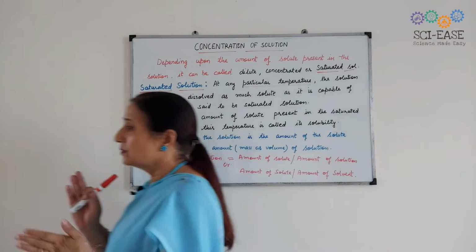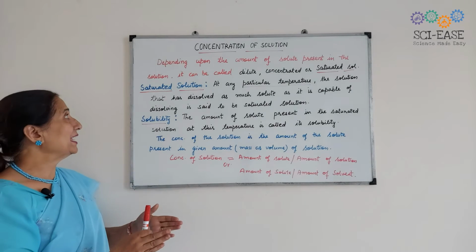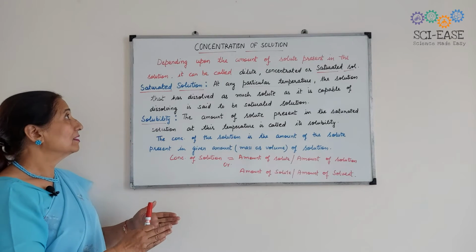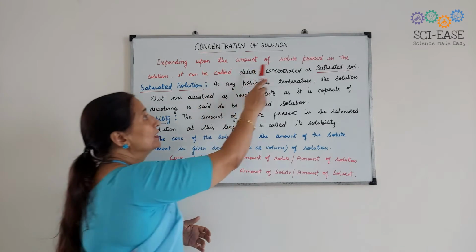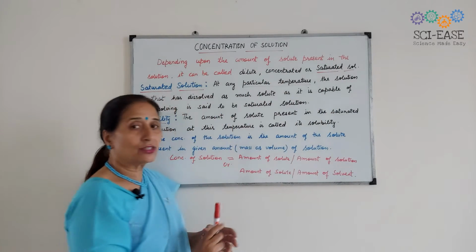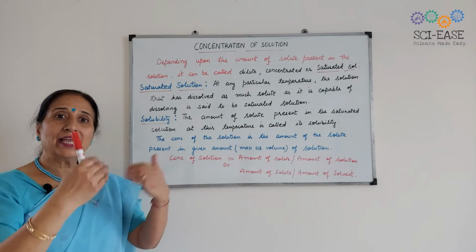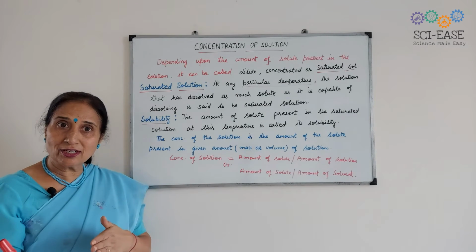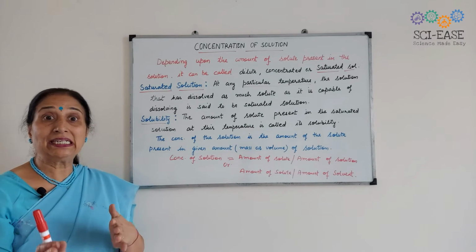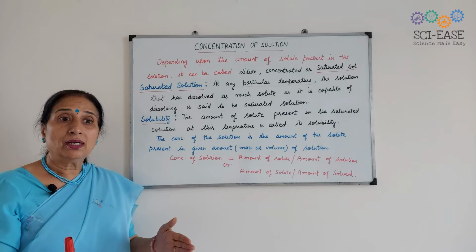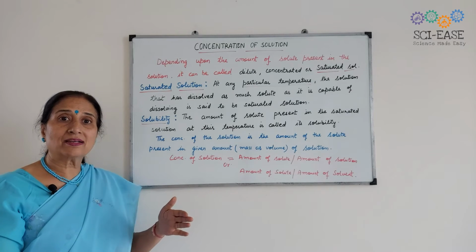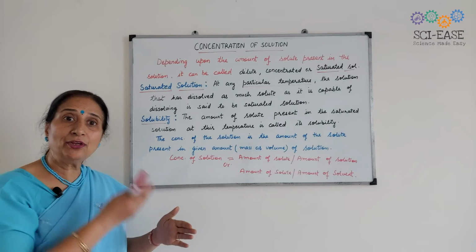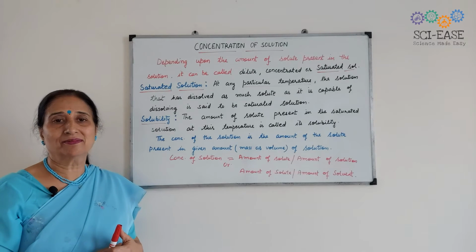So, three terms I have explained: dilute, concentrated and saturated solution. Then more terms like unsaturated solution and solubility that you should know. Again, in higher classes, in 10th, 11th, you will come across all these terms.